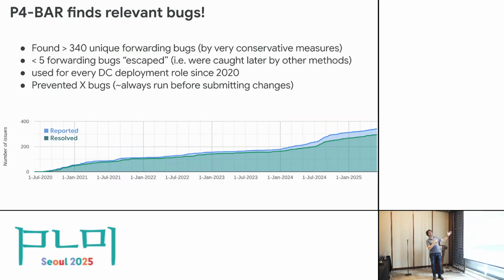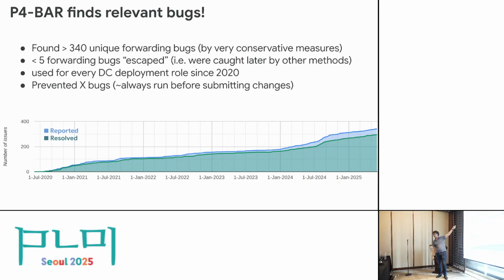Made a huge difference. We found more than 340 unique forwarding bugs. This is by an extremely conservative measure, because I only checked the most recent numbers a couple of days ago, and the liberal measure was about 1,500, and I didn't want to go through all of those. So I figured that if I just look at the ones that they really fixed, in a proper way, and then the ones that are still open, that's a conservative measure.